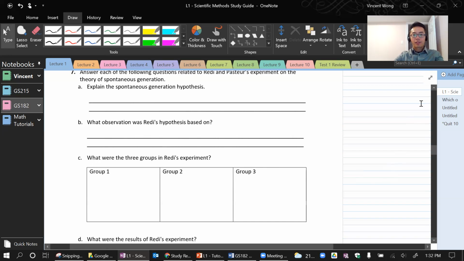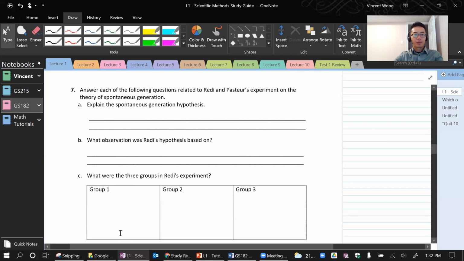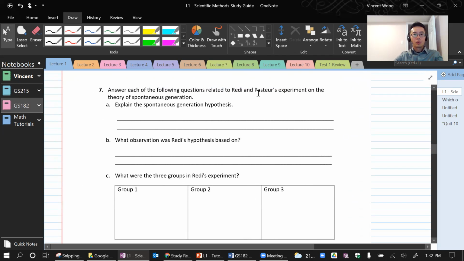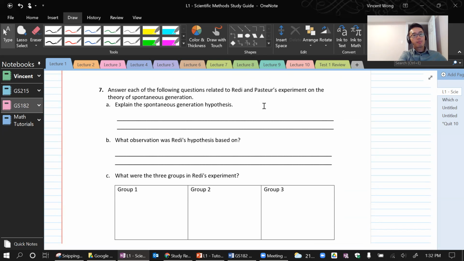Okay, next we have some experiment stuff here with Redi and Pasteur. So let's take a look at the first one. Explain the spontaneous generation hypothesis.